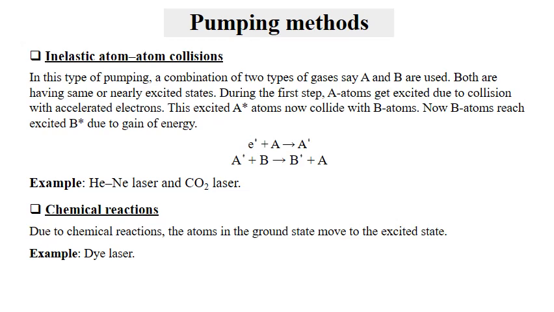So E star shows the electrons having higher energy transfer the energy to A and the A atom goes to the excited state. The excited A atoms transfer their energy to B and B becomes excited. For example, this happens in helium neon laser and carbon dioxide laser.